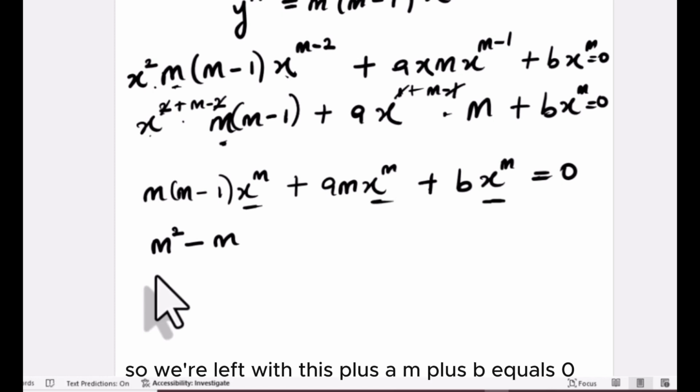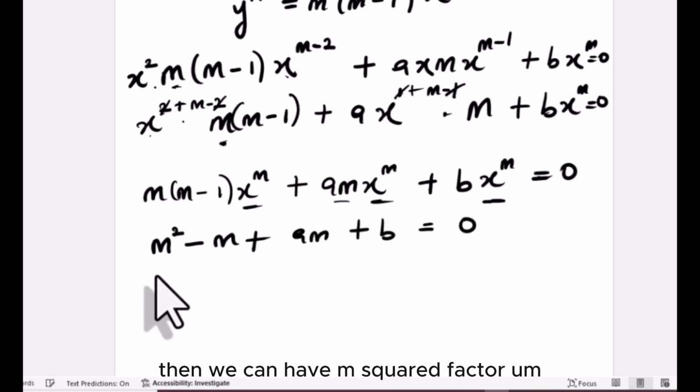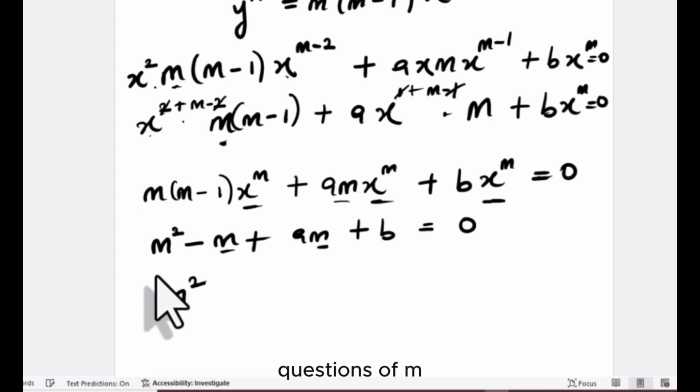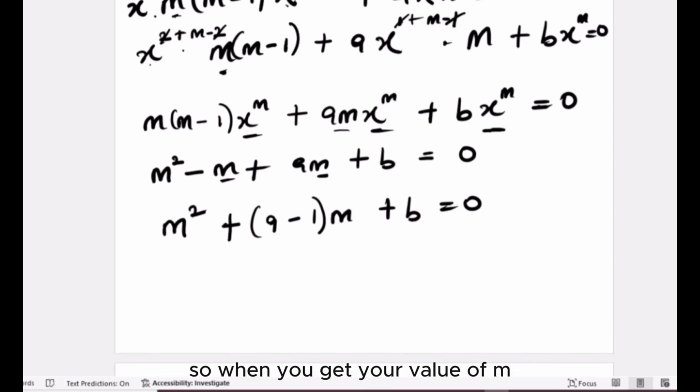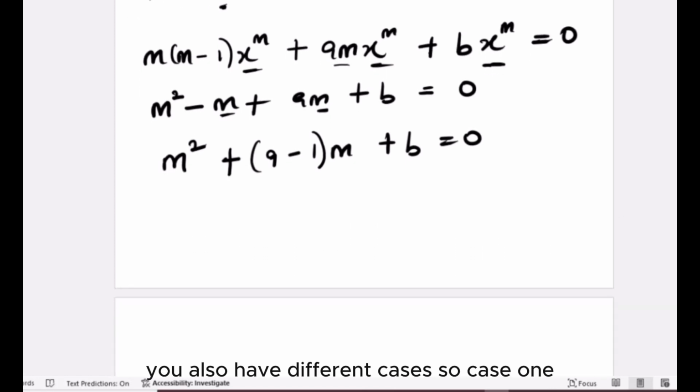So we're left with this plus am plus b equals 0. Then we can have m squared, factor coefficient of m, you have plus a minus 1 m plus b equals 0.